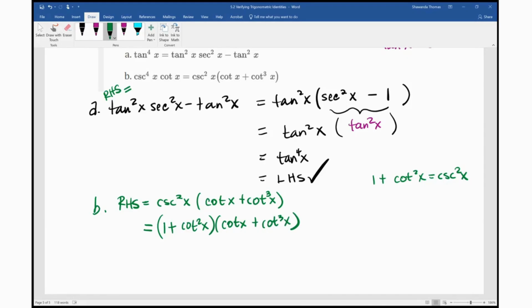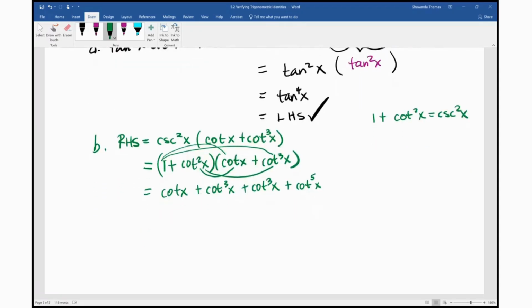Then it looks like now we need the FOIL because we have a binomial times a binomial. That's 1 times cotangent x, 1 times cotangent cube of x. Cotangent squared of x times cotangent of x is another cotangent cube of x. And then cotangent squared of x times cotangent cube of x is cotangent to the 5th power of x.